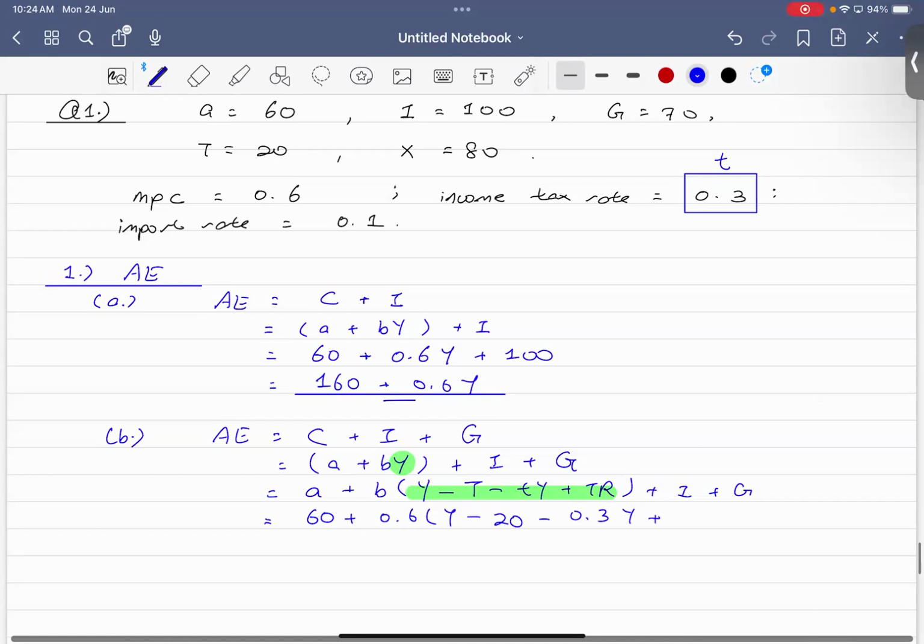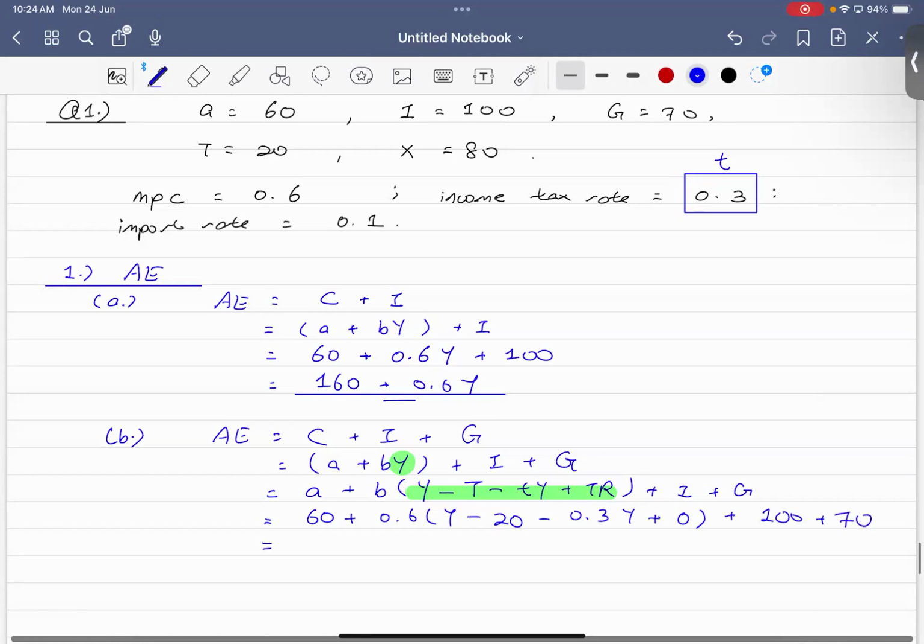Plus any transfer payments. Do they have any transfer payments over here? No. They did not talk about transfer payments, so 0. Same thing, that's how we do in exam. Plus investment is 100, plus government spending is 70.